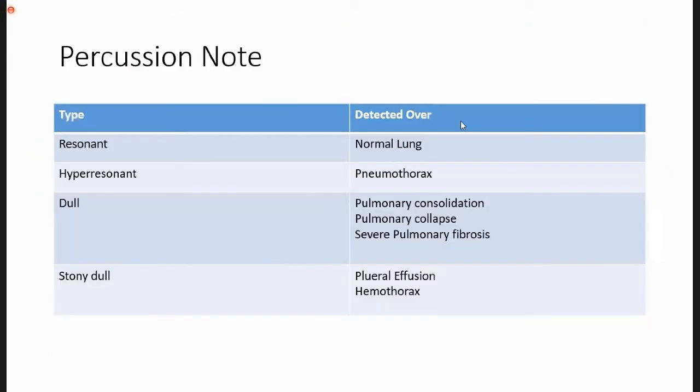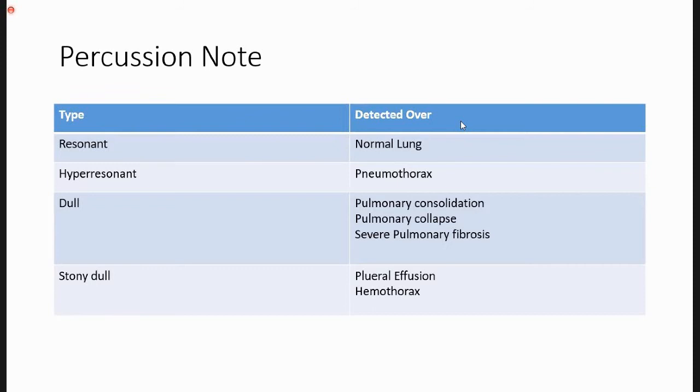Okay. So percussion note, we discussed in the video also, but for your ease and understanding, I have made a slide again. Normal lung is resonant. We cannot just make you hear these sounds. So what you can do at this level, considering the circumstances also, is ask any volunteer at your home and repeat these examinations on a normal individual.